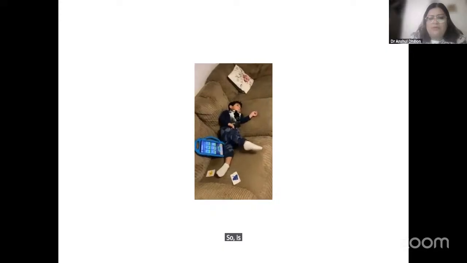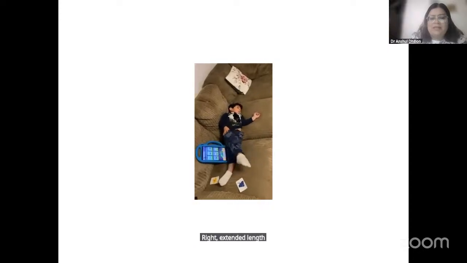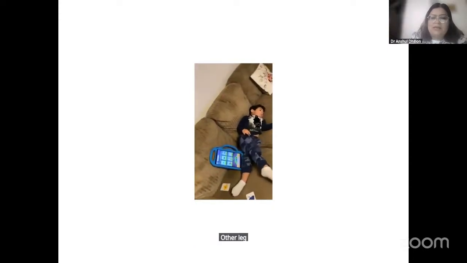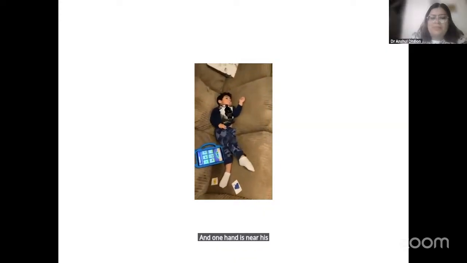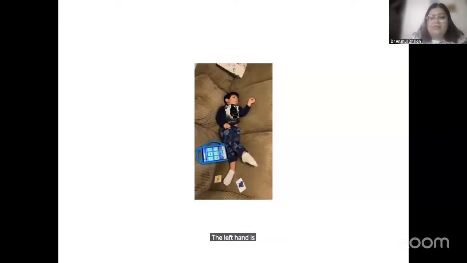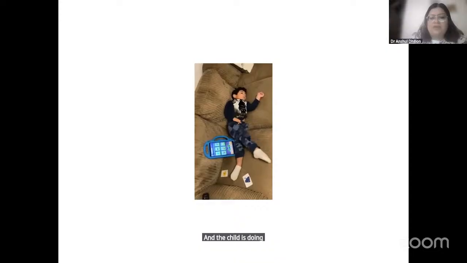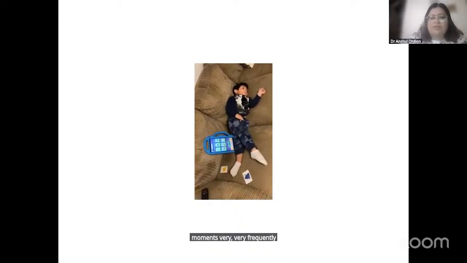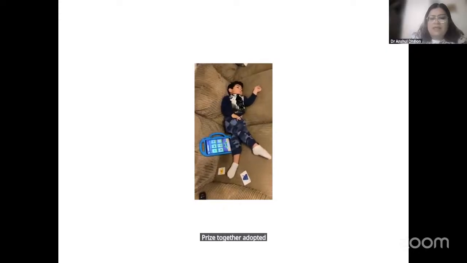This is a 3-year-old boy who is having his right leg extended and a bit adducted, the other leg is also adducted, and one hand is near his upper thigh. The left hand is just near the head, and the child is doing these movements very frequently, rubbing both of the thighs together, adducted, doing it again and again.